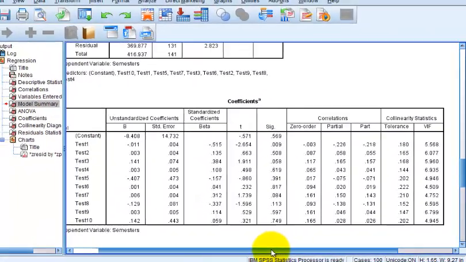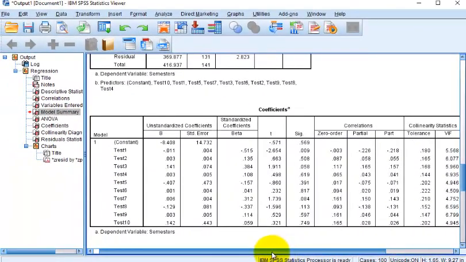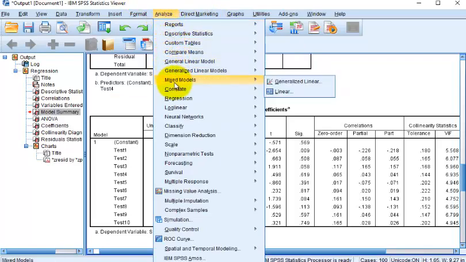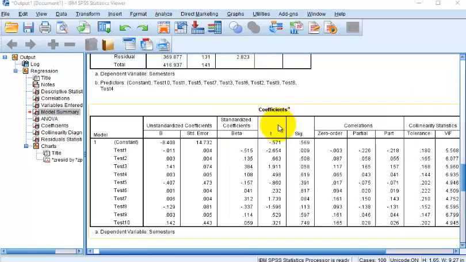But what I'm going to do now is rerun her test only with those that are significant and almost significant. So test 1, test 3, and 7. 1, 3, 7. Here we go. So analyze, regression. Where'd you go? 1, 3, 7 coming up.